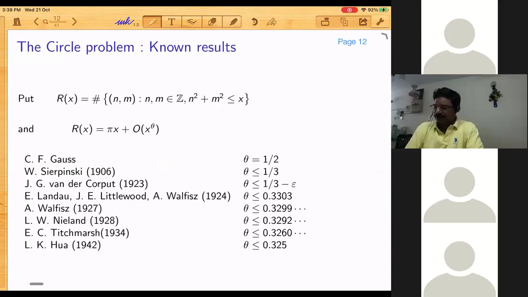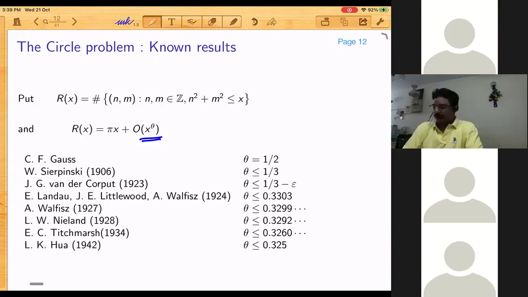The radius is square root of x. So Gauss, as we have seen before, proved that the error is x to the power theta, where theta is half. That is quite elementary, just by geometry. Then in 1906, Sierpinski improved this theta to 1/3.